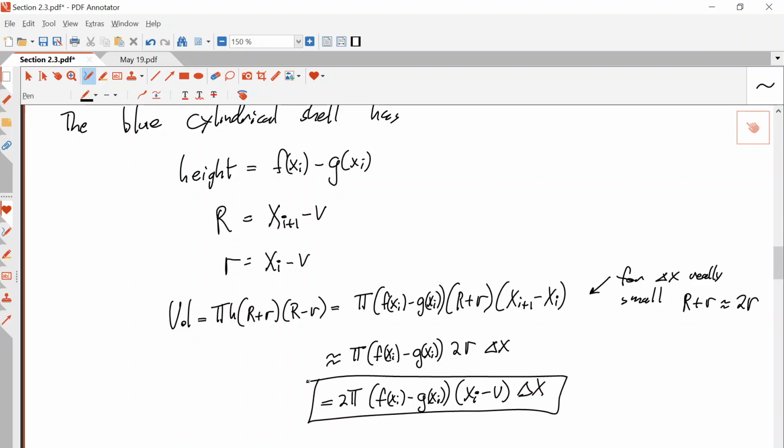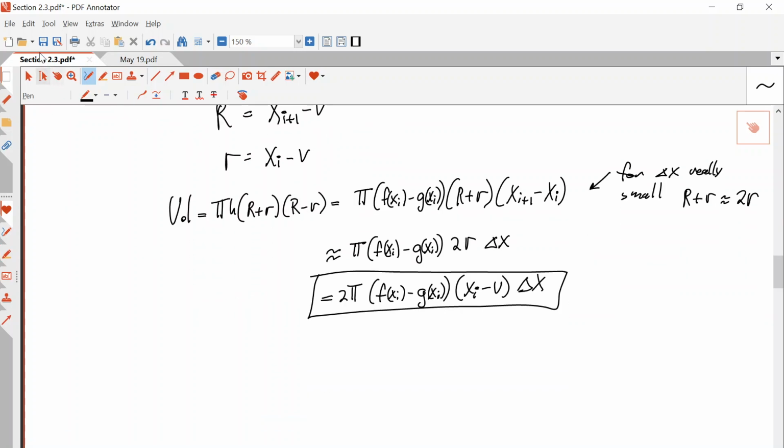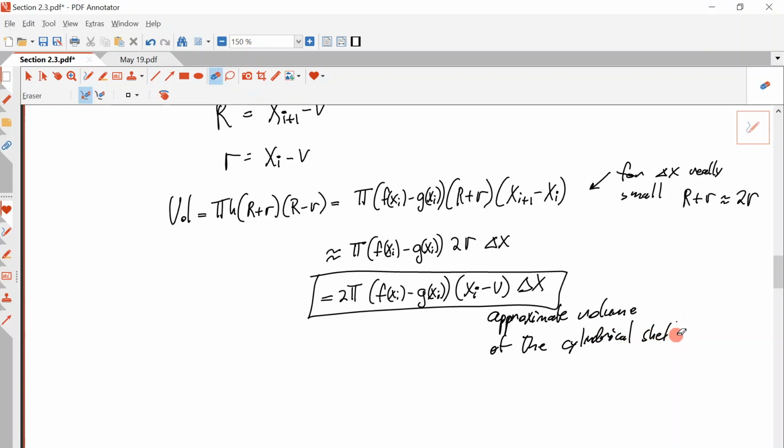That's the approximate volume of the cylindrical shell, with the approximation getting better as n goes to infinity.